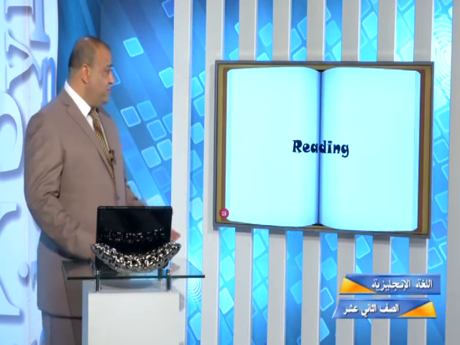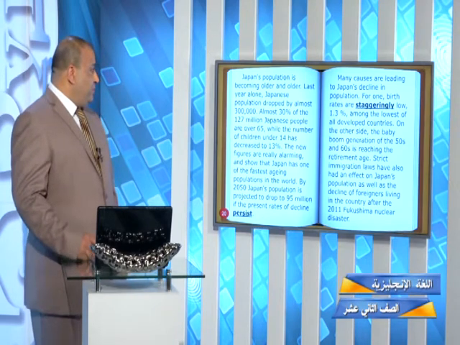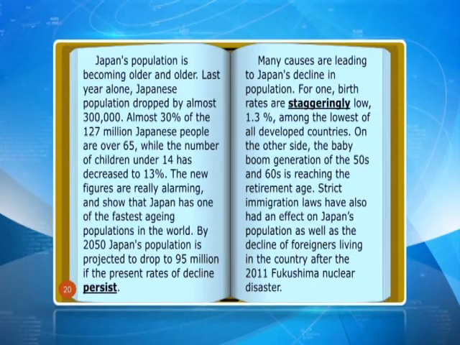Now, let's have a look at the reading. Japan's population is becoming older and older. Last year alone, Japanese population dropped by almost 300,000. Almost 30% of 127 million Japanese people are over 65, while the number of children under 14 has decreased to 13%.